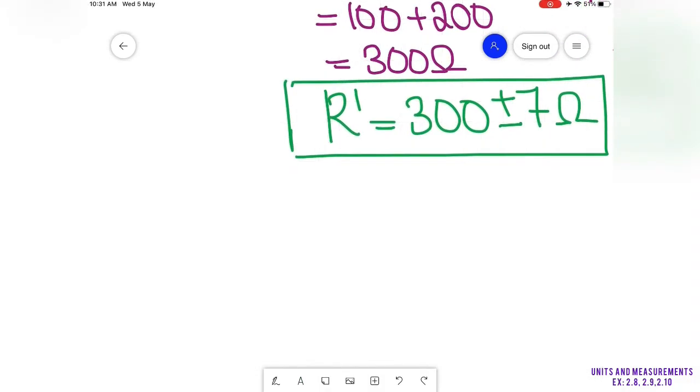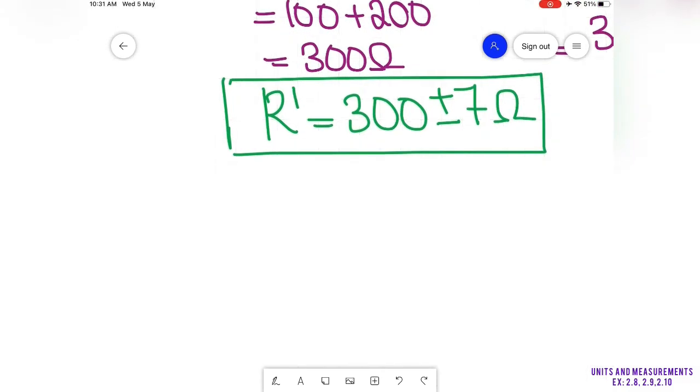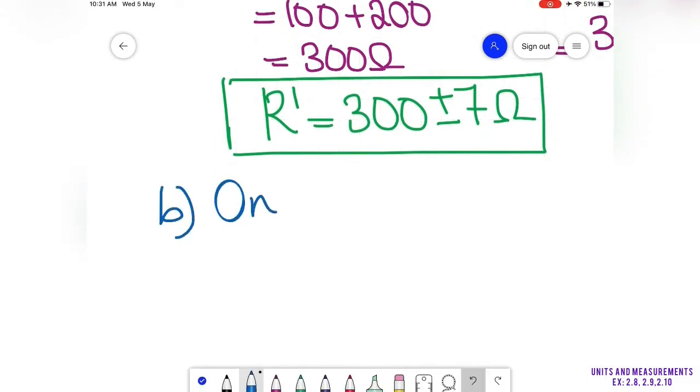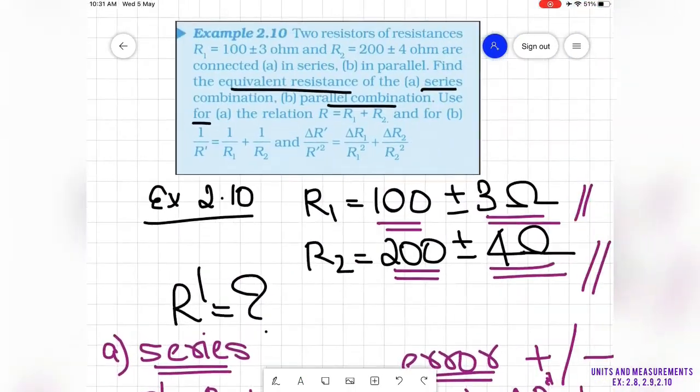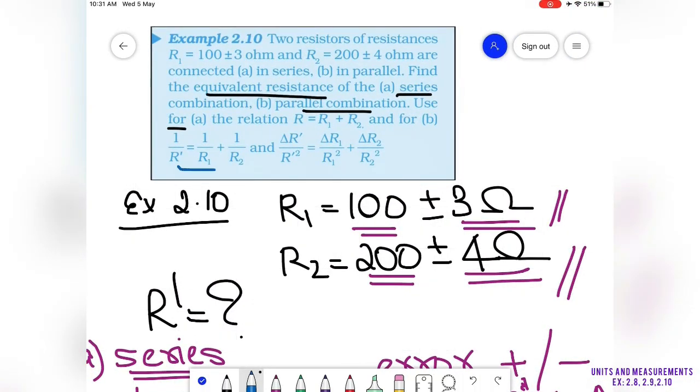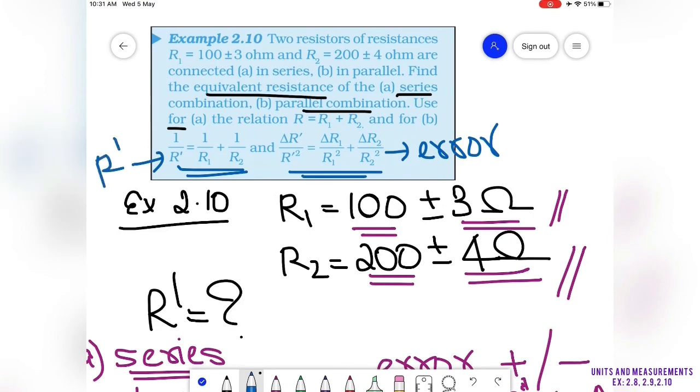Now let's solve part B. What if it is a parallel connection, right? In this case also we have to find the equivalent resistance and the error. They've given the formula to calculate the equivalent resistance and also the error value.